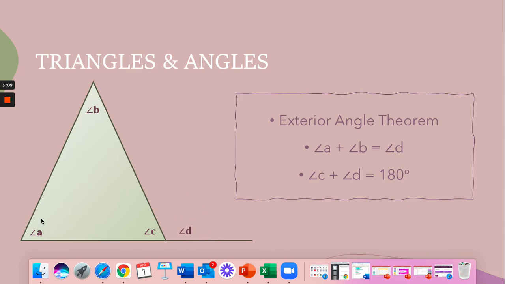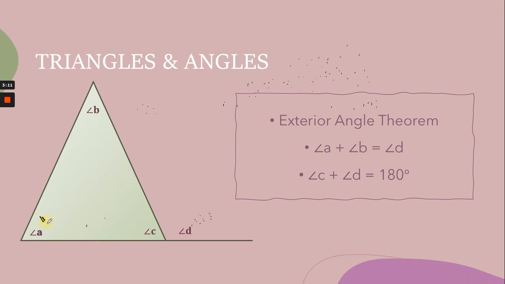So, for example, if this was 40 and this was 20, and obviously this is not drawn to scale, I know that this outside angle, the exterior angle of the triangle, would equal 40 plus 20, which is 60 degrees.